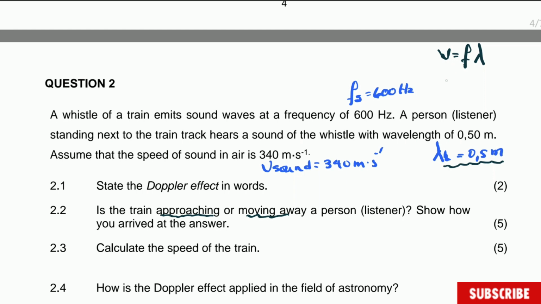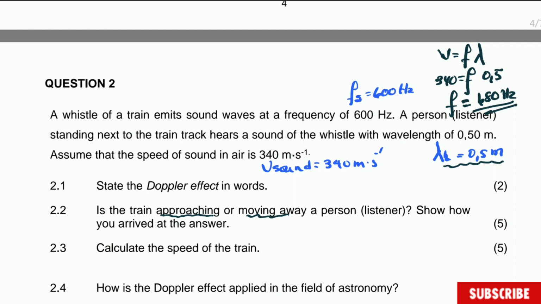Now, speed of sound is equal to 340. They are giving you that one, frequency is what you are looking for, and the wavelength was 0.5 meters. So the frequency at which the sound is being detected is 680 Hertz.